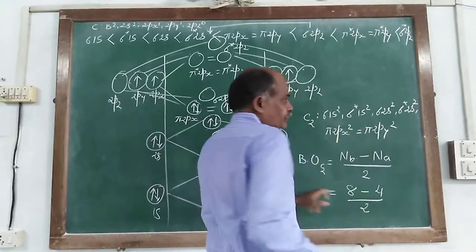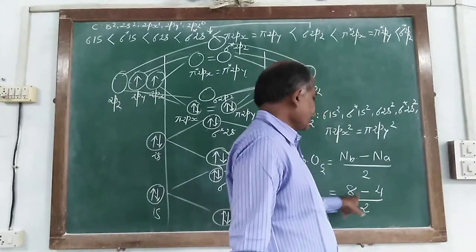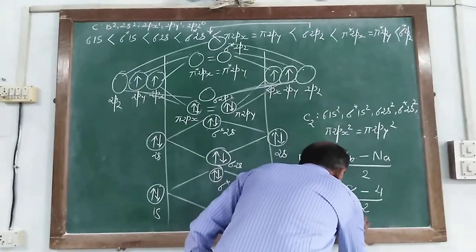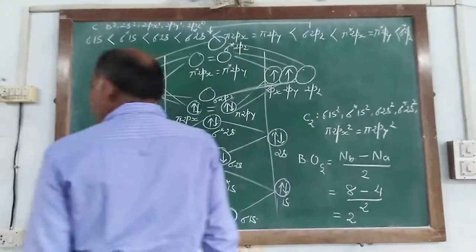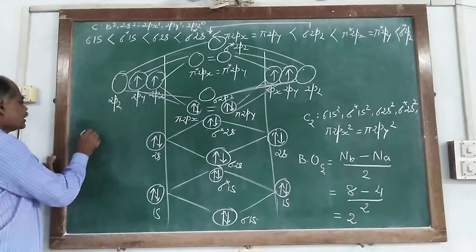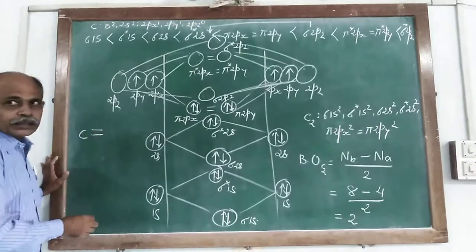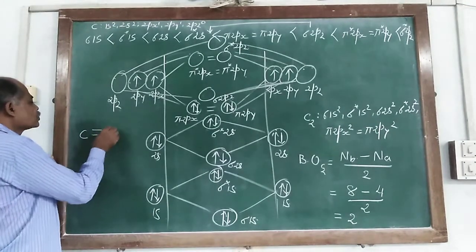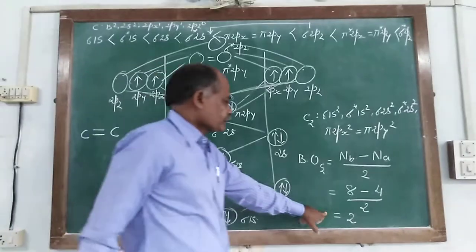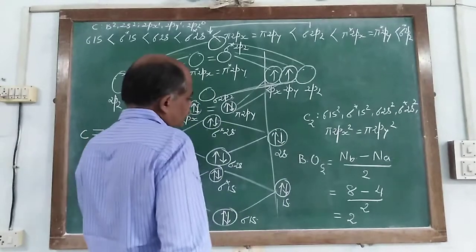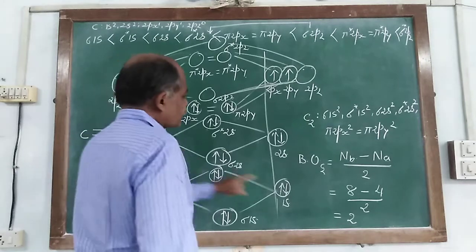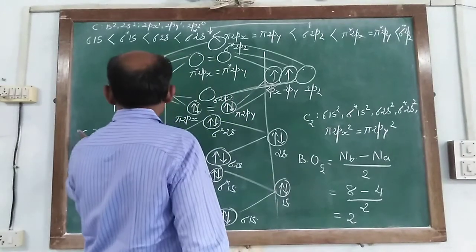From 8 subtract 4, 4 divided by 2 is equal to 2. So in the C2 molecule, the carbon atoms are linked by the formation of 2 bonds. The bond order in C2 between the two carbon atoms is 2.